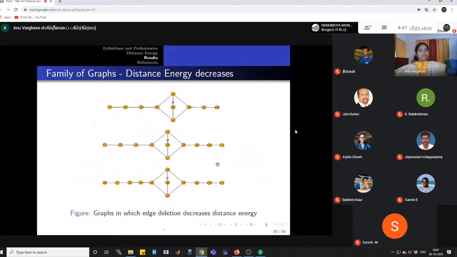So this is an example of a graph whose edge deletion causes a decrease of distance energy. And for many trials on extension by adding pendant edges like this, we have found that this decrease occurs. So we feel that this is an infinite family of graphs whose edge deletion decreases distance energy.